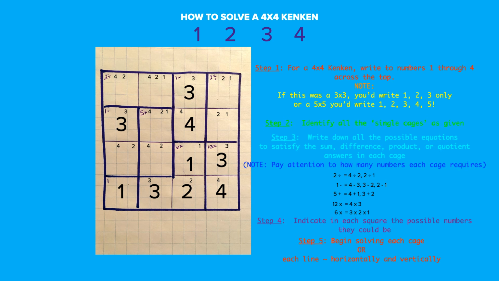So now I'm going to take a look at the number 4 that I had dropped in. And I notice that in the second row, I didn't remove the 4 in the sum of 5 box. So I'm going to go ahead and remove that right now. And then I'm going to take a look at my equations that satisfy the sum of 5: 4 plus 1 and 3 plus 2. So the cage has a 4 and a 1 and a 2 and a 2.